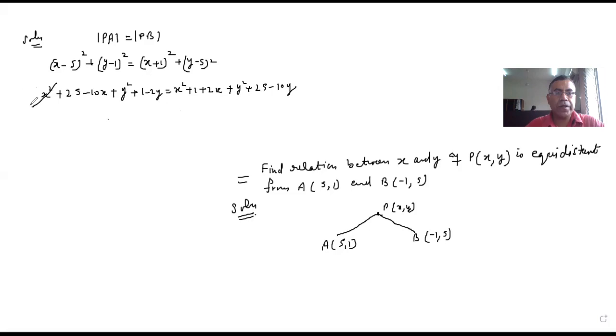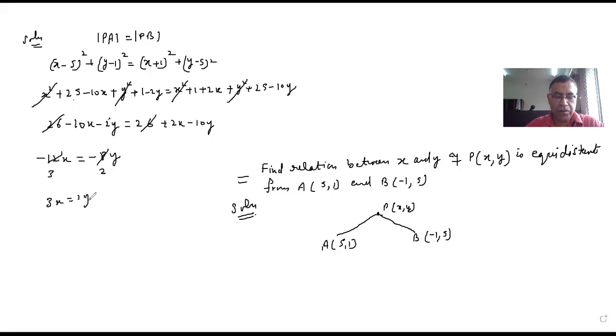So my x square and y square are cancelled. So 25 plus 1, 26 minus 10x minus 2y is equal to 1 plus 25, 26 plus 2x minus 10y. 26 goes with 26. So this is minus 12x is equal to minus 8y. So 3x is equal to 2y. This is the relation between x and y when point P is equidistant from A and B.